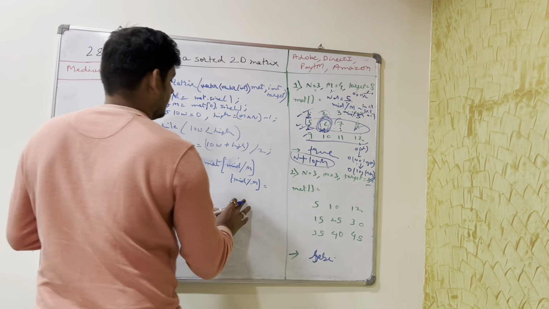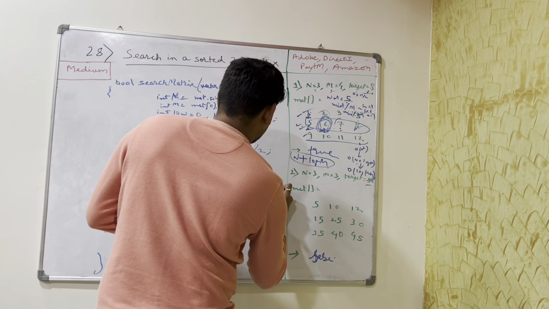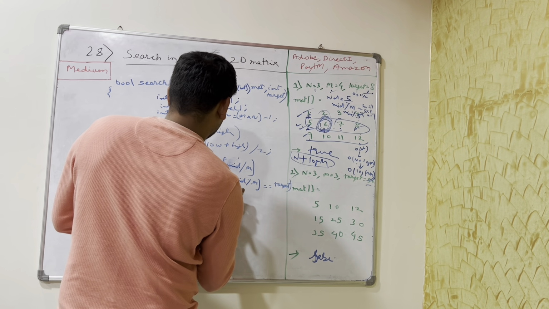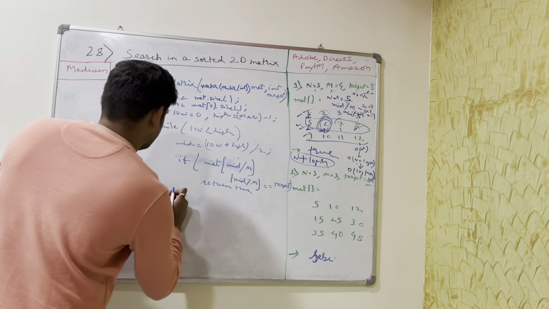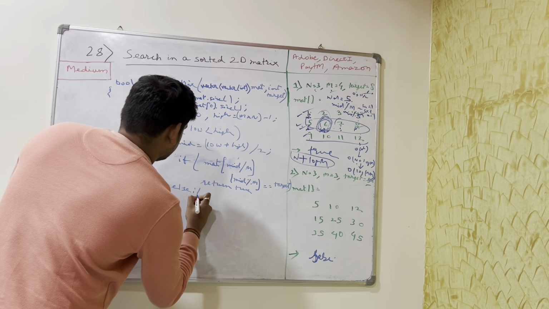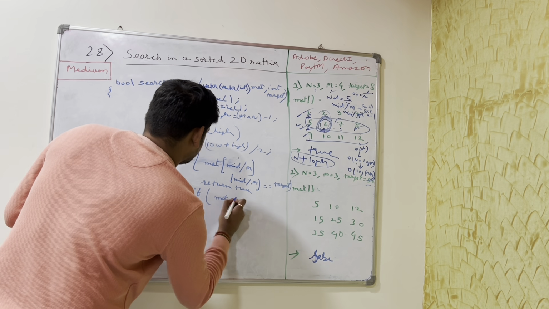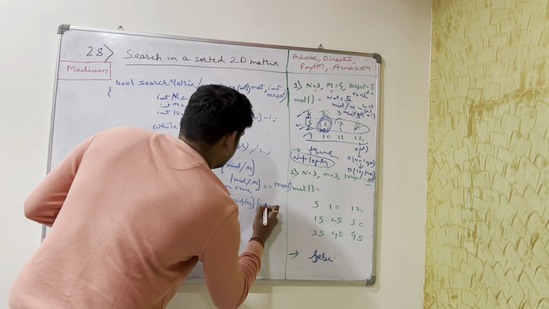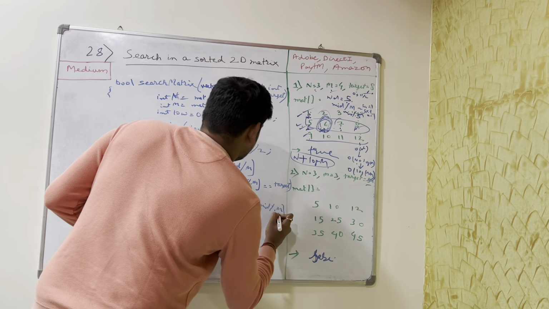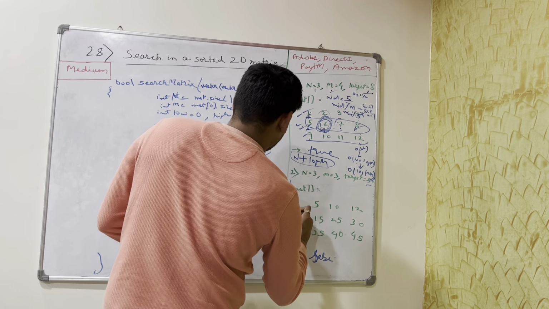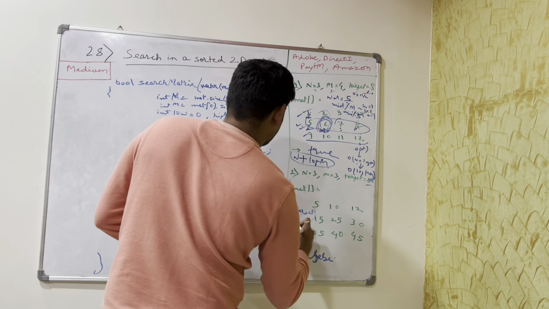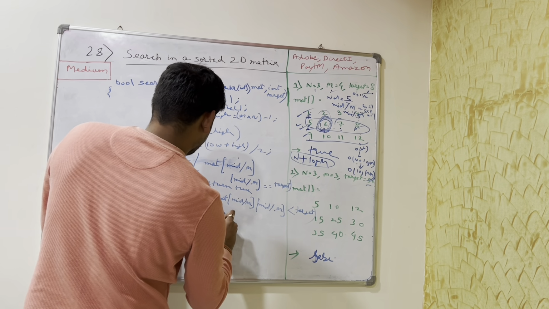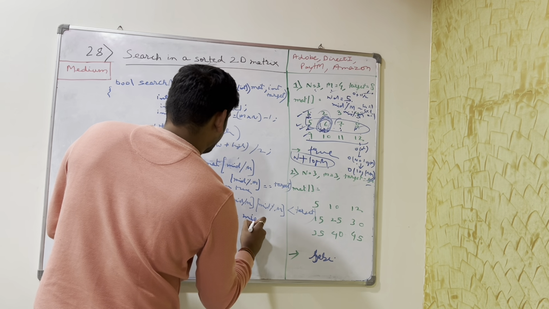If matrix of row and column is equal to the target, return true. Else if matrix mid by m, mid mod m is less than the target, that means we have to increase, it is in this part, so we will set low equal to mid plus 1.